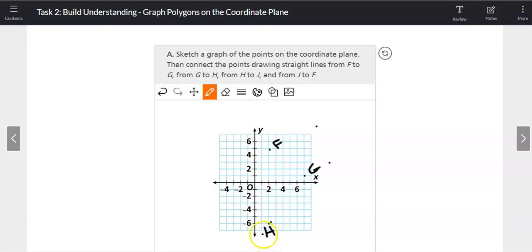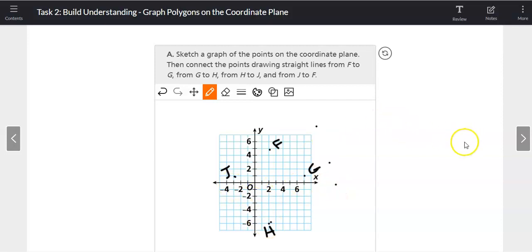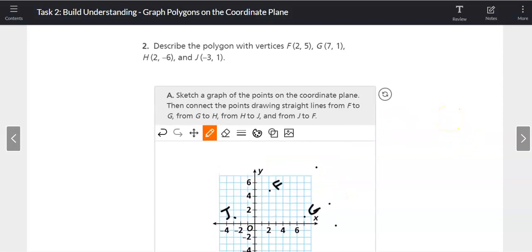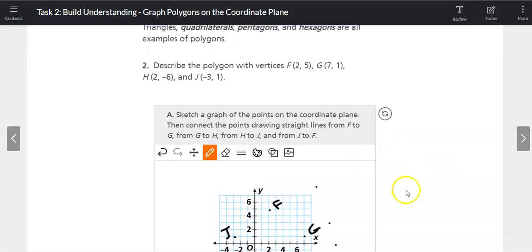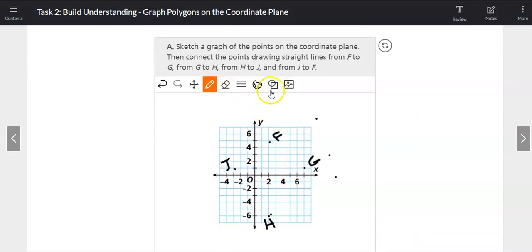Our next one is -3. So I ran backwards to -3 and then I jumped to 1. And this is letter J. I hope your dots look a little bit better than mine, especially if you're in your book. You should be able to get your dots in there. So I sketched the graph of the points, and then we're going to connect them by drawing straight lines.